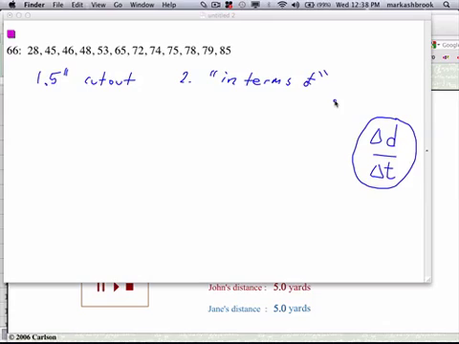So 2A, width in terms of cutout length. 2B, length in terms of cutout length. And same with C. Area in terms of length cutout.